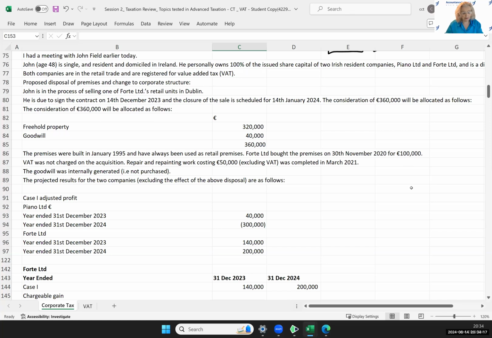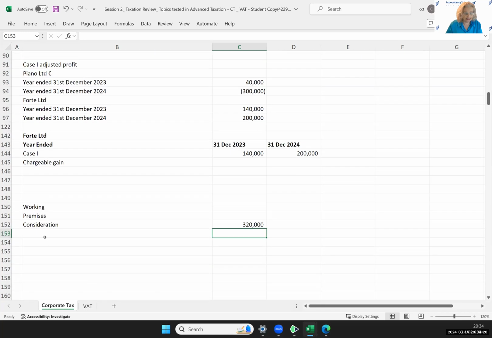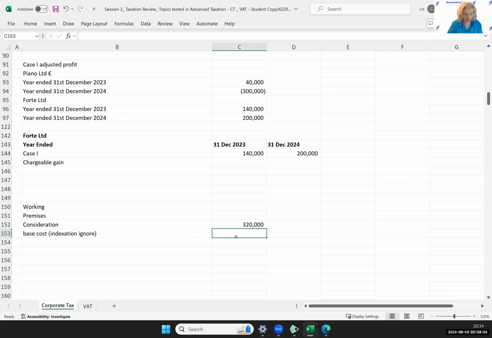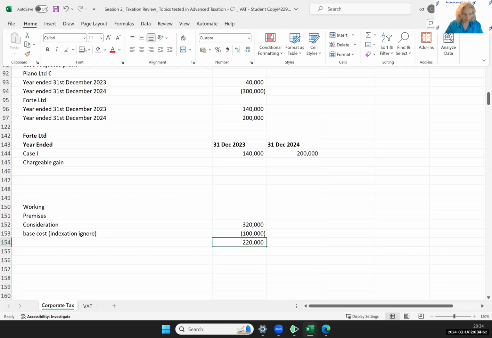I think I included somewhere in the requirements that you can ignore indexation. So base cost. Sometimes your exam question tells you to ignore the indexation just because they're not willing to give you the marks for multiplying it by a figure. There's no other reason here for ignoring the indexation except I couldn't be bothered. So we've got a gain of 220,000 on the disposal of the premises.